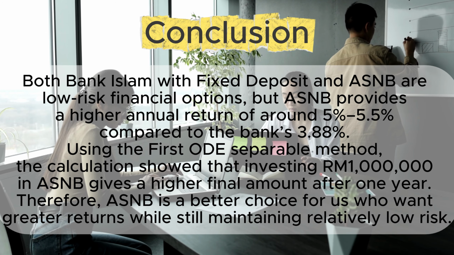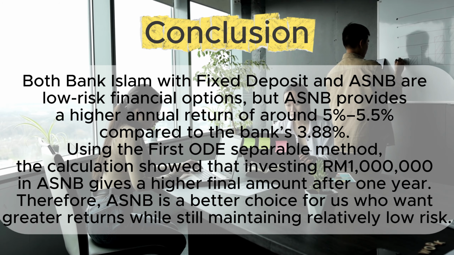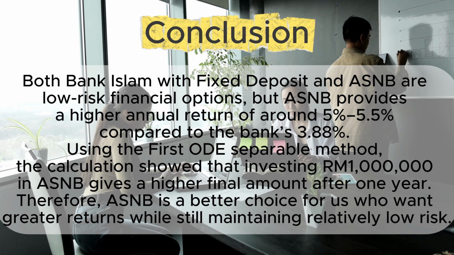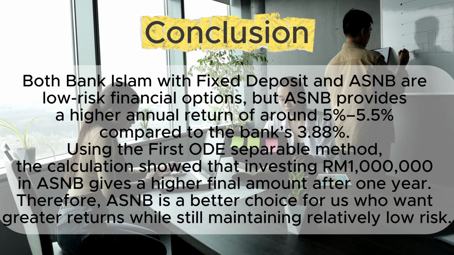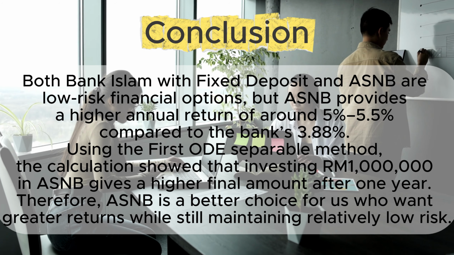Using the first order ODE separable method, the calculations show that investing 1 million in ASB gives a higher final amount after 1 year. Therefore, ASB is a better choice for those who want greater returns while still maintaining relatively low risk.